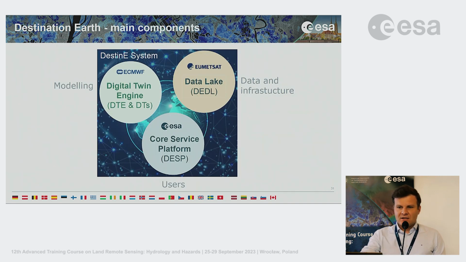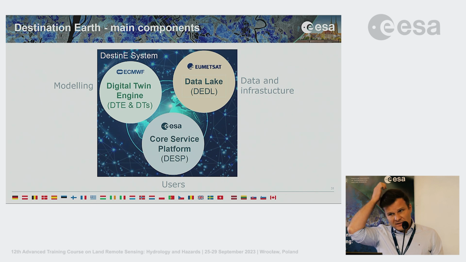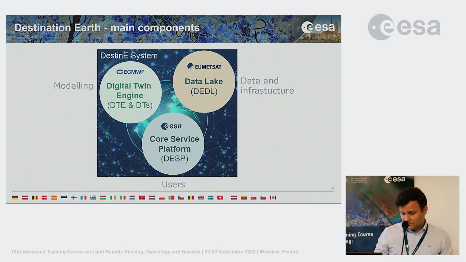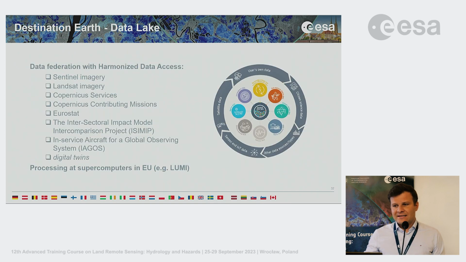So the Destination Earth has these three main components. And one of them is the data lake, which EUMETSAT is responsible for, and we as a company implement it. So in this data lake, there is a completely different strategy where the data will be federated with harmonized data access.